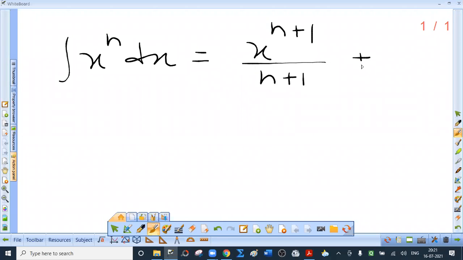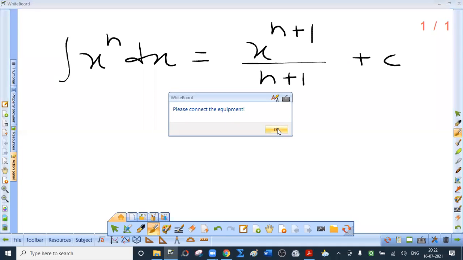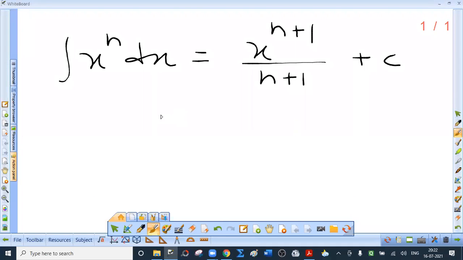You need not know the proof or the logic, because in physics you have to use only 2 or 3 formulae from integration. I can tell you those particular formulae also: one is this one, then sine, cos, and then inverse functions. That's it.